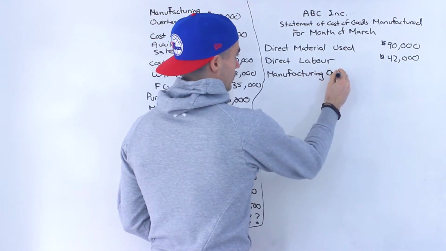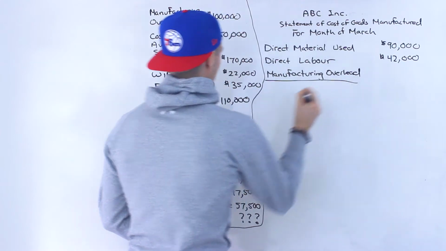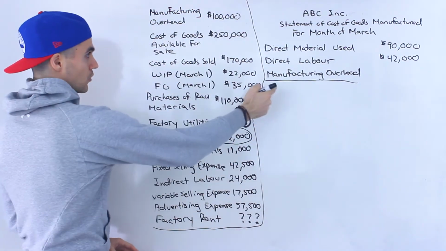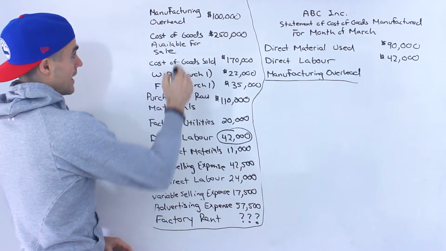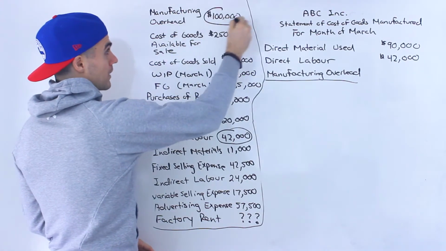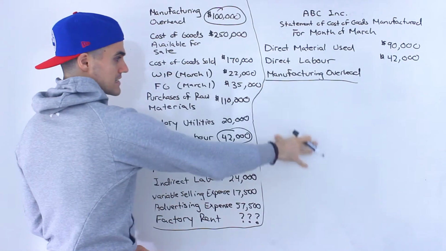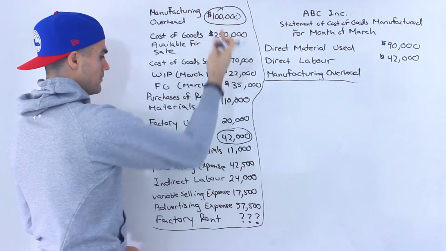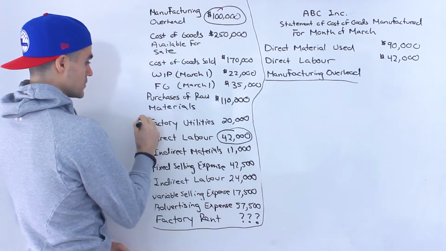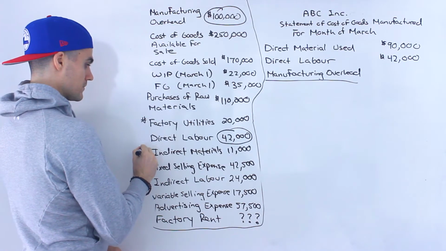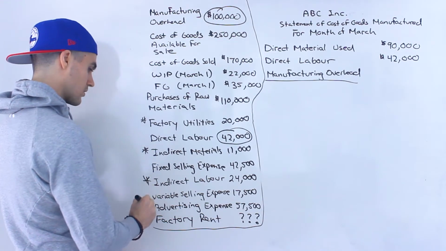So let's look through this information that we're given and see which items correspond to manufacturing overhead. So notice that we're actually given the total amount of manufacturing overhead, which is nice. So we know that all these items we're going to list, they're all going to sum up to 100,000. So notice that factory utilities, that would be one of them. Indirect materials, we'll have indirect labor.